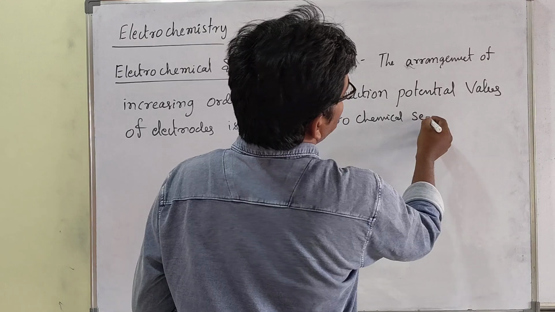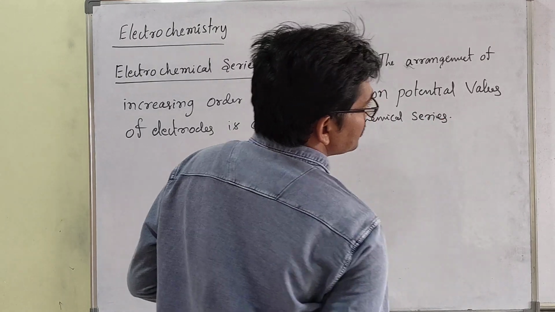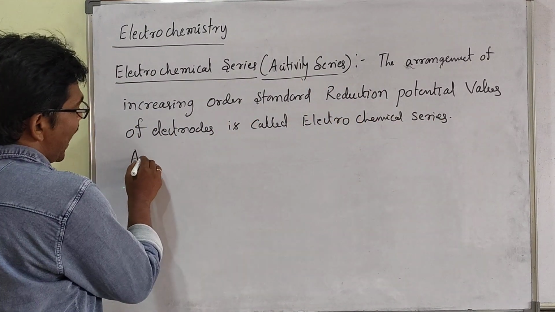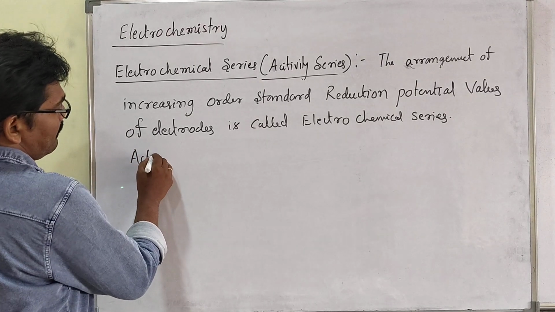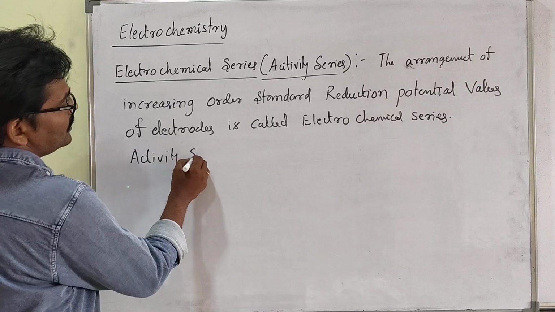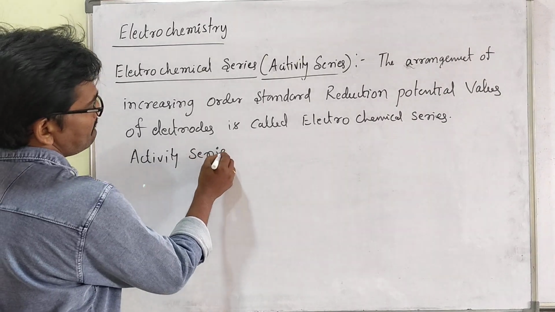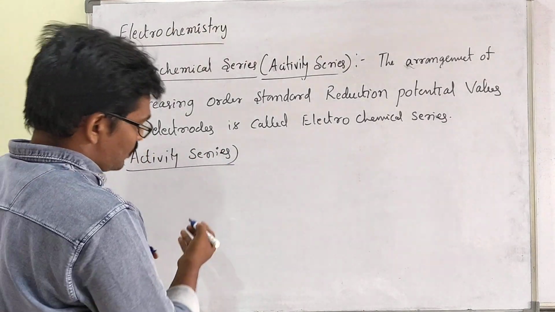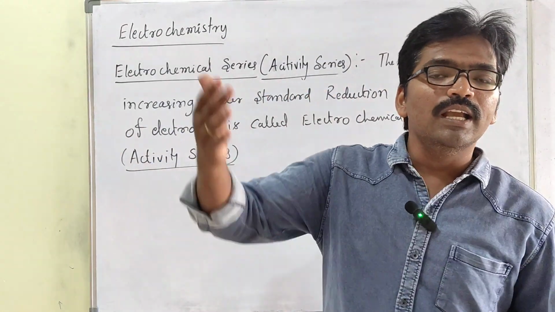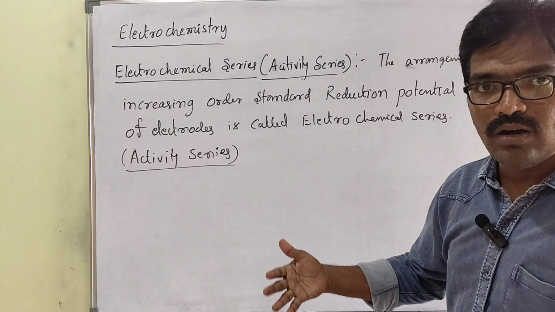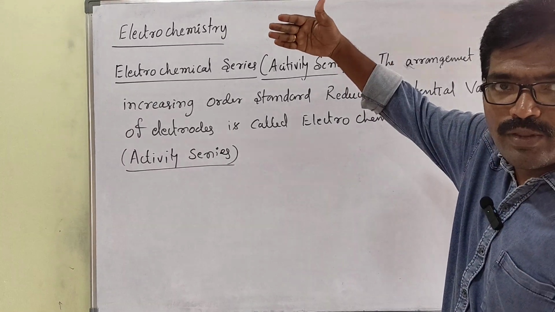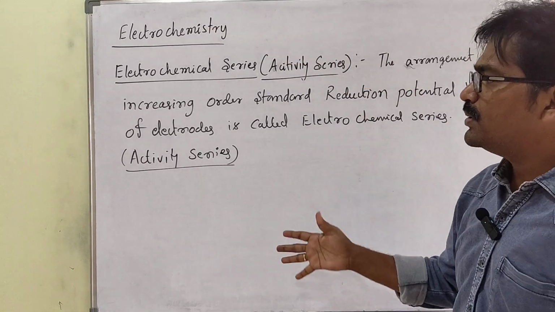This is also called the activity series. So the electrochemical series is the increasing order of their reduction potential values, starting from the negative and going up to the positive.